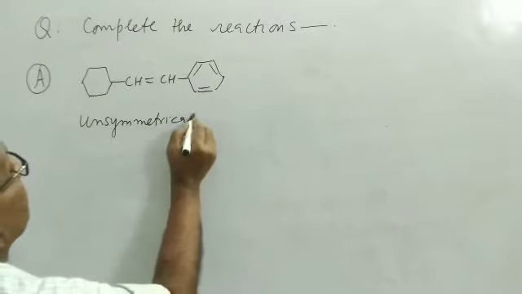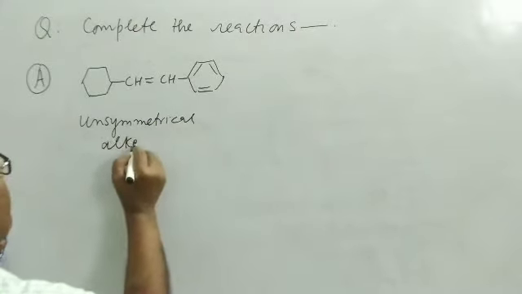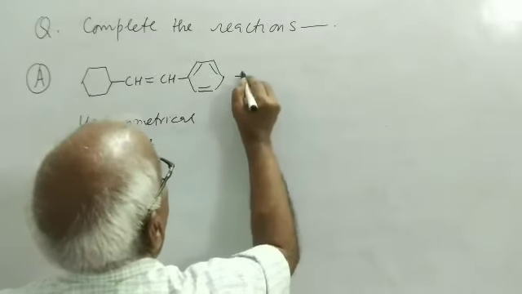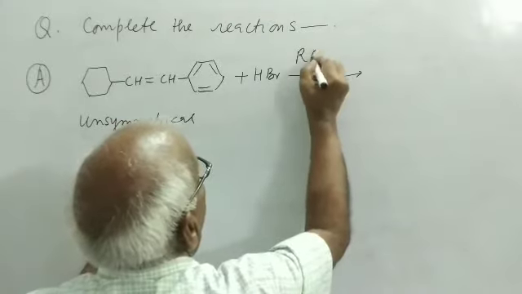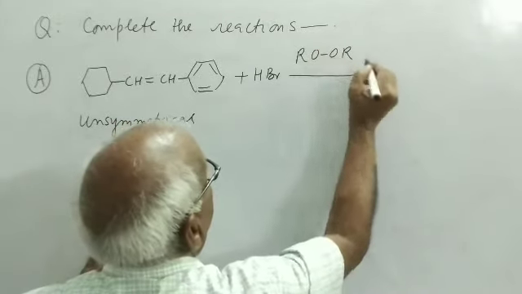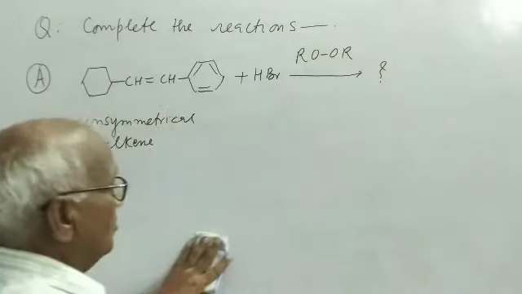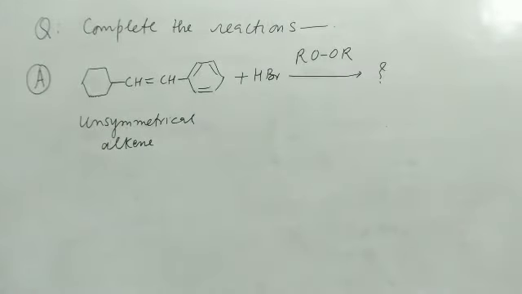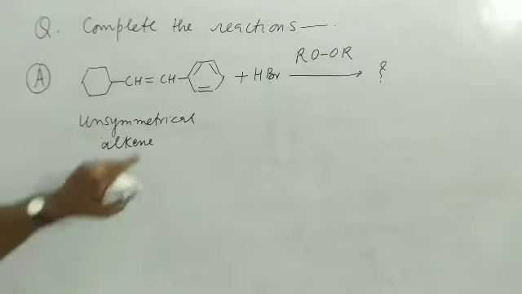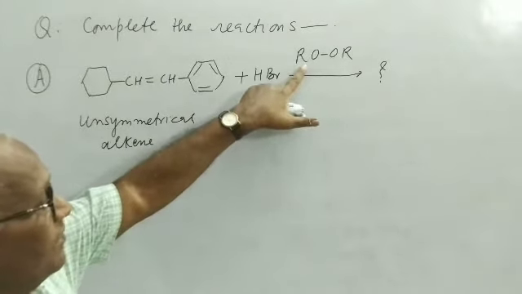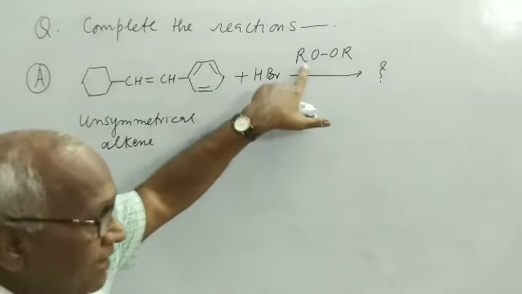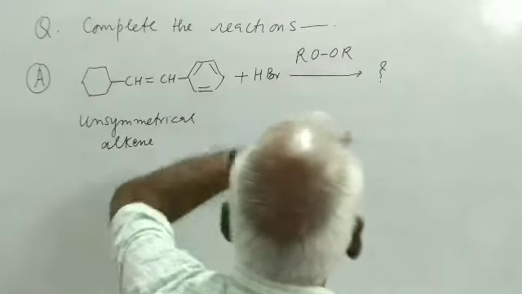An unsymmetrical alkene is allowed to react with bromine in presence of alkyl peroxide. What will be the reaction product? This addition reaction is taking place in presence of a peroxide, hence it is an anti-Markovnikov addition reaction.